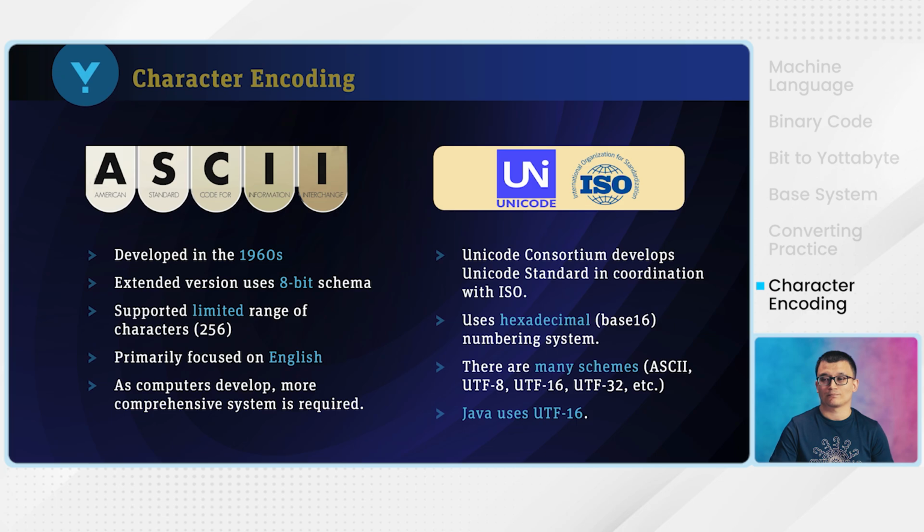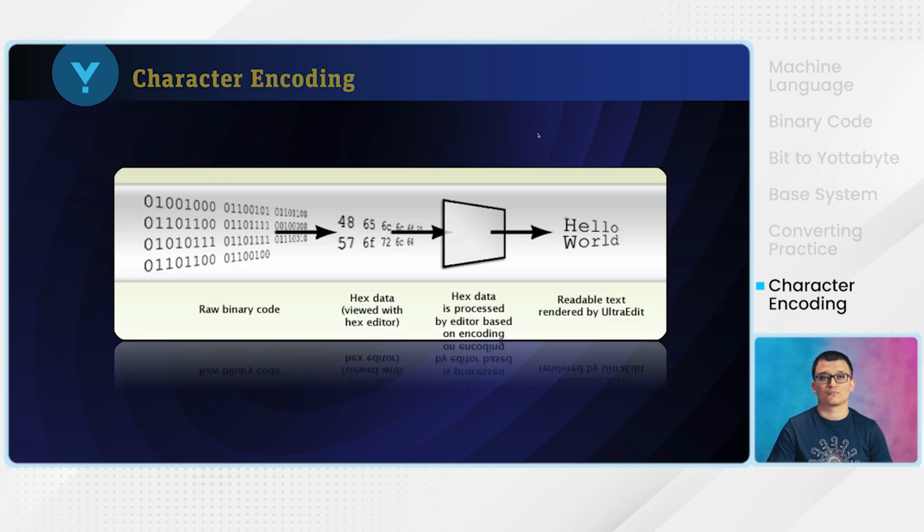And Java, which you're about to learn, uses the UTF-16 encoding scheme. It uses UTF-16 internally, and it supports all the common encoding schemes. This part we will explain more in other modules, when you start learning coding in Java and we explain the character encoding that Java internally uses.